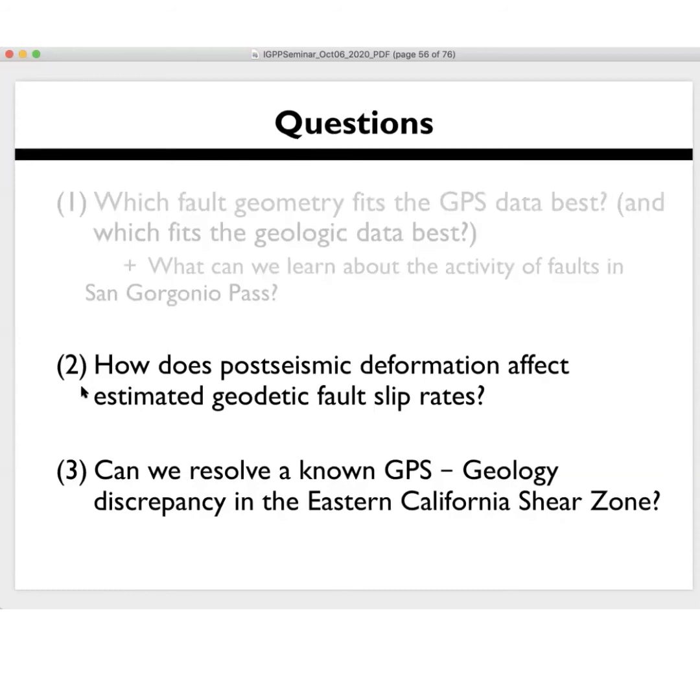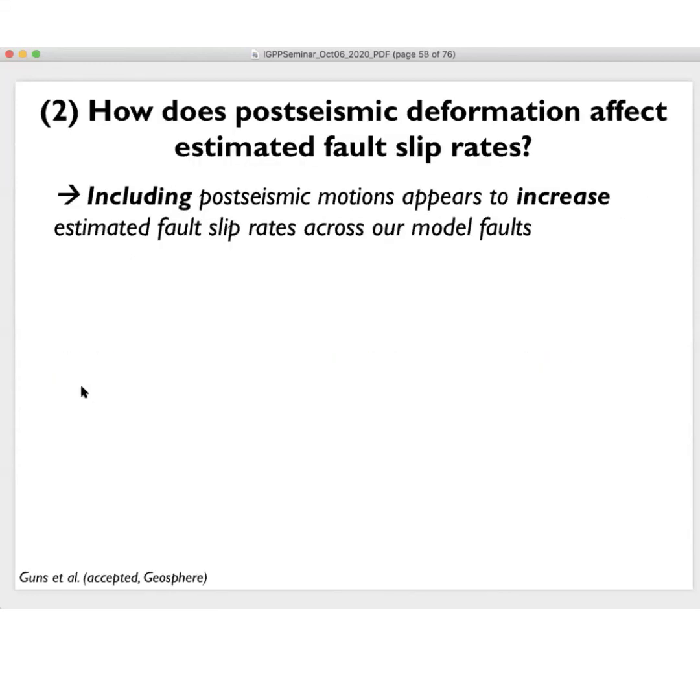So when it comes to actual post-seismic deformation and how that gets folded into our geodetic fault slip rate estimates, this is the message I try to really hammer home because I think it's really interesting, and I've written it for you here. It boils down to this: when we include post-seismic motions in our GPS velocities, that gets folded into the geodetic fault slip rates and appears to increase them across nearly all our model faults.